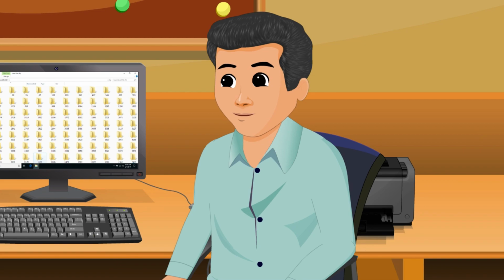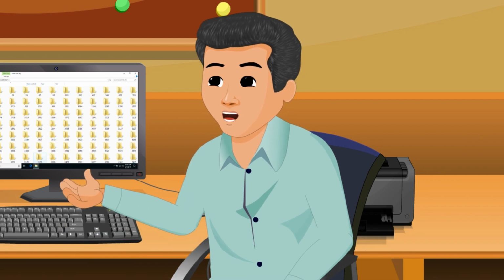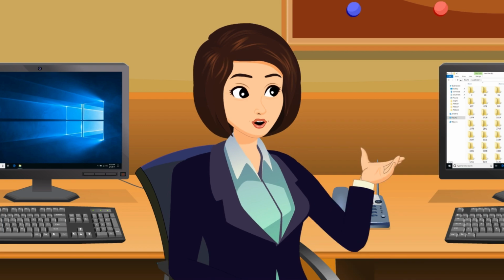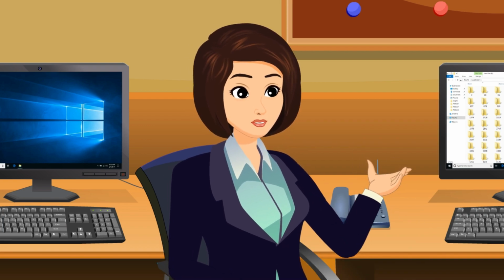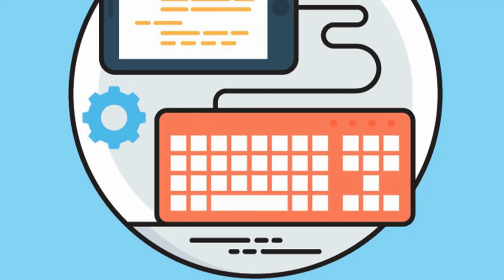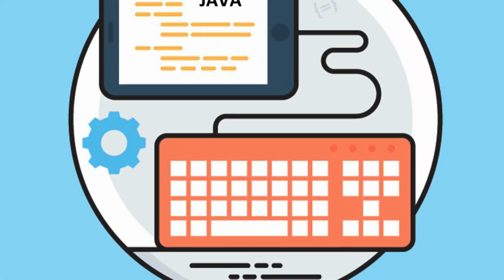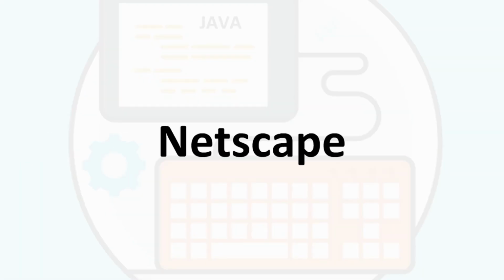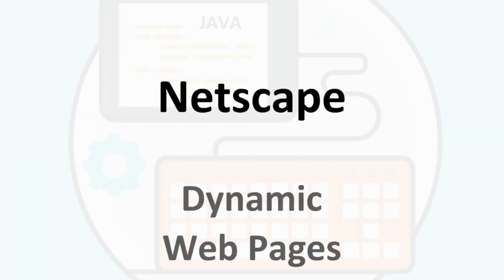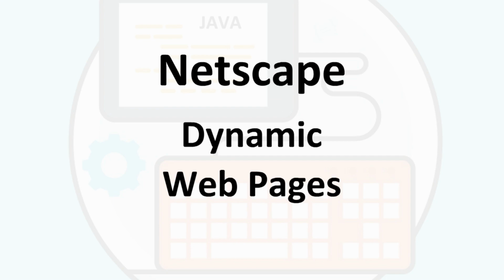Cross-site scripting. What could this be, Nandita ma'am? Cross-site scripting allows programmers to create their own web pages. JavaScript is a programming language which was developed by Netscape to allow programmers to create more dynamic web pages.